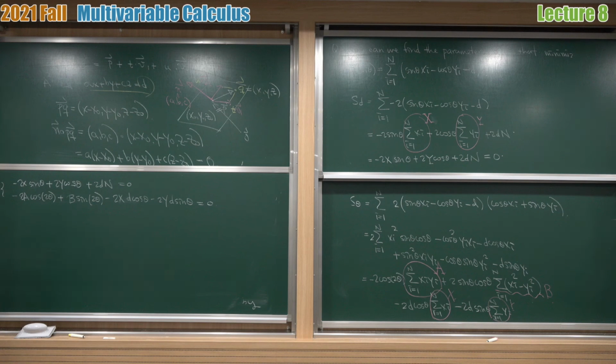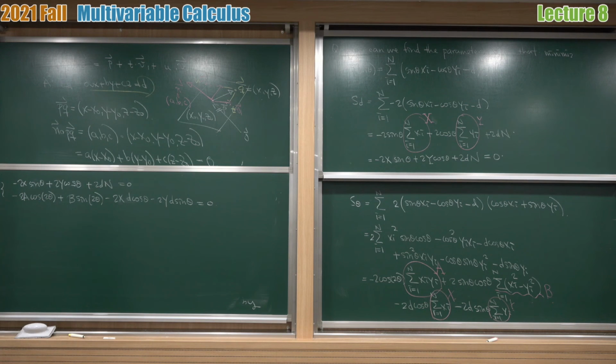So given the data, we know what x, y are, and also n, the number of data. And we also know a, b, and so on. We have a trigonometric equation for theta and d, right?